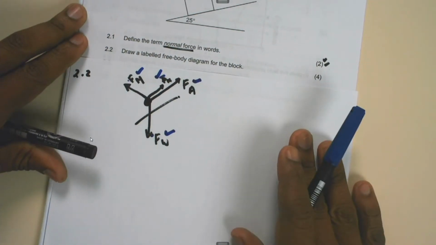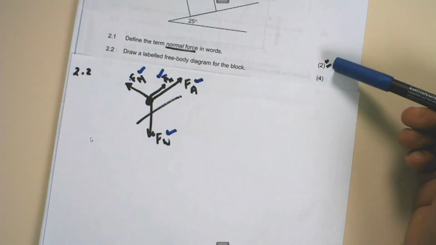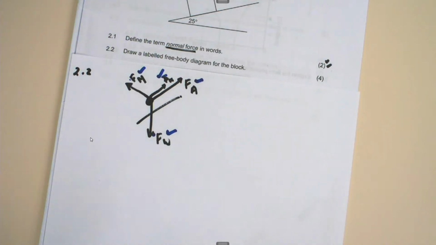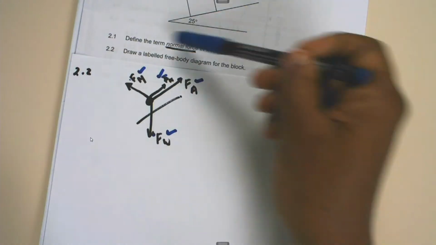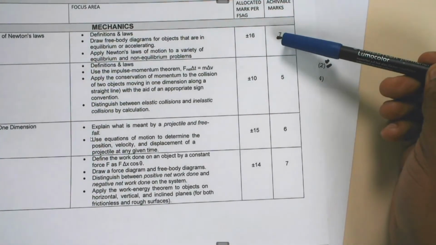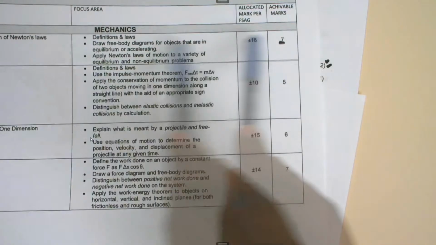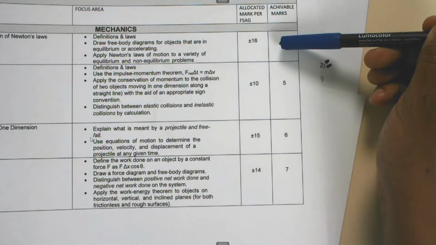So now this is the 6 marks already, the 2 from the definition, the 4 from the correct drawing of the free body diagram. So it goes back to my achievable of at least having 7 marks from Newton's laws.